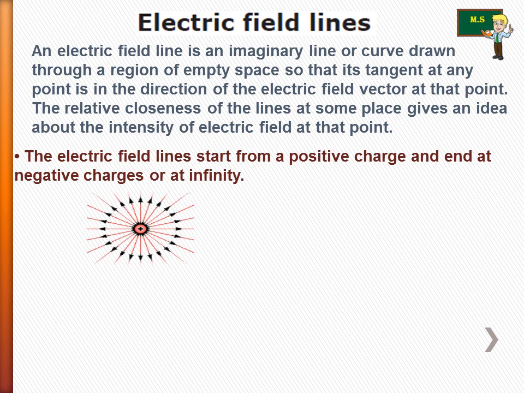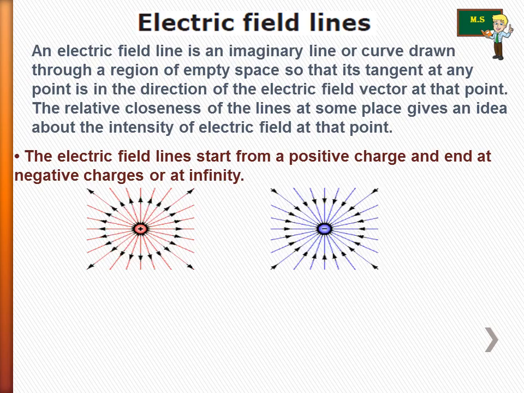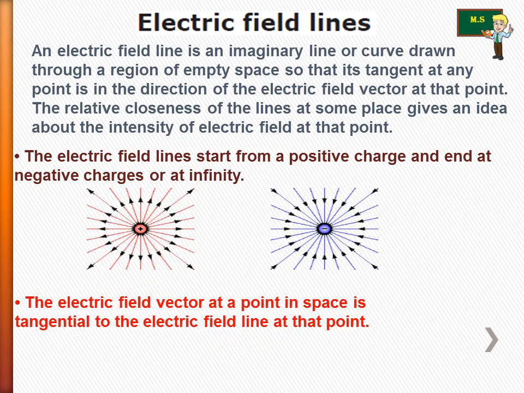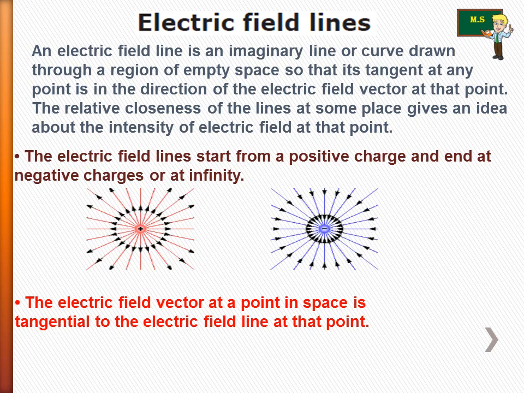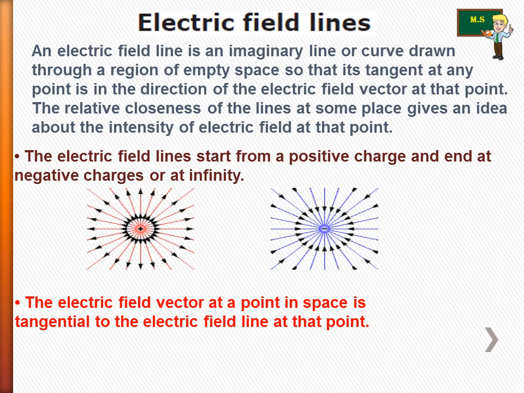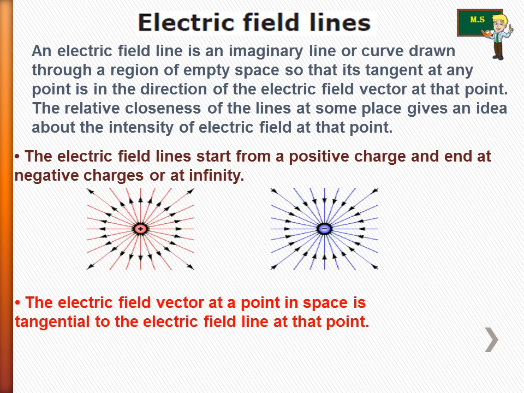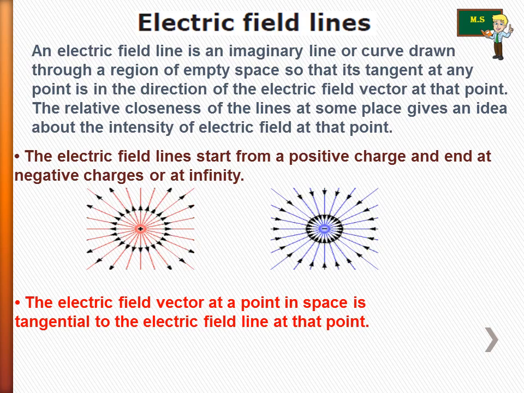The electric field lines start from a positive charge and end at a negative charge or at infinity. Through this picture you can easily understand. If it is a positive charge, the lines move outward, but if it is a negative charge, the lines move towards the negative charge.